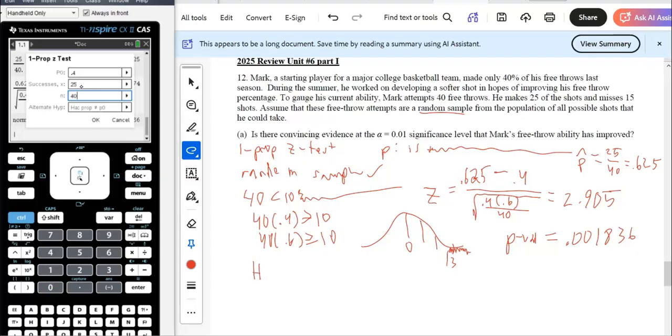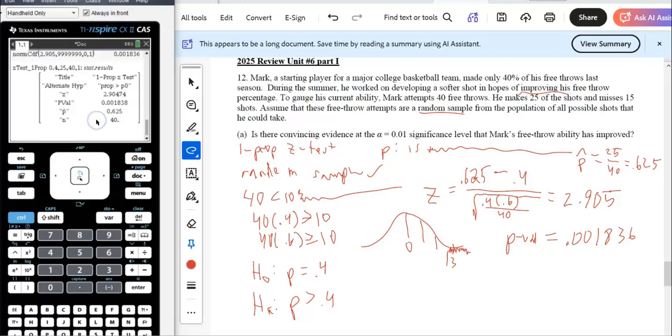So the null: p equals 0.4. And the alternate, let's see what the direction would be. He hopes on improving, so we think it's going to be greater than 0.4. Wow, I should have done that first. Sorry about that, I did things out of order. Greater than, okay. And we get 0.0018. That's perfect. That's what we got here.